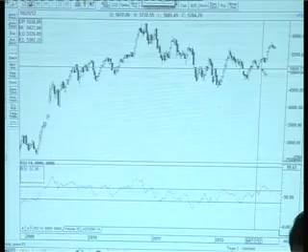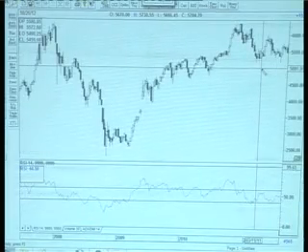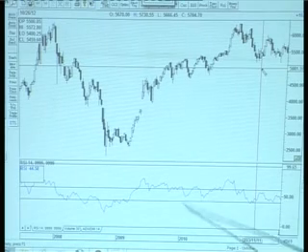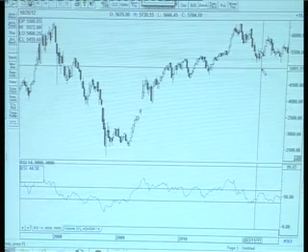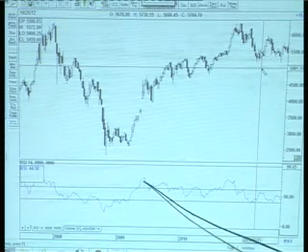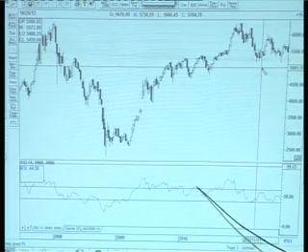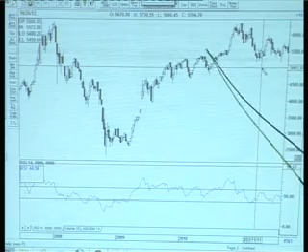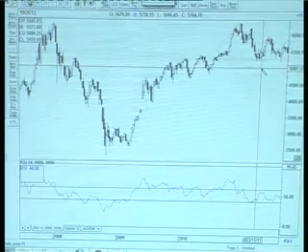You want to see more? See this similar divergence in 2010. One high, lower, lower, lower, higher, higher, higher, multiple divergence, absolutely dangerous.